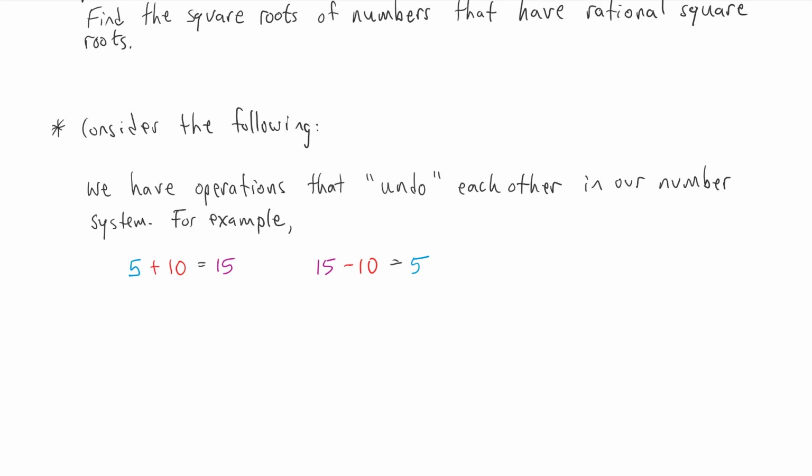Now you're going to take a look at this idea in a lot more depth in later courses, but for now, let's just think about the fact that I can add 10 to a number. In this case, I get 15. But what if I don't want that 15? What if I have this 15 and I'm like, oh man, I would much rather have what I started with. I wish I could just hit the reset button and go back to that 5 that I had to begin with. So I could take that 15, I could subtract 10, and it would return me back to the 5 that I started with.